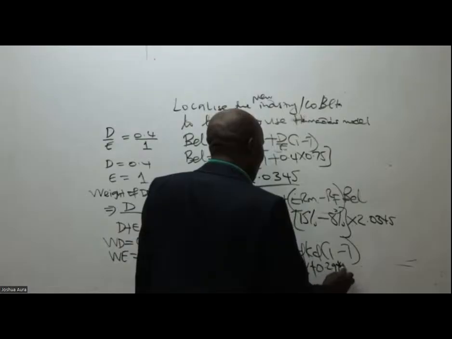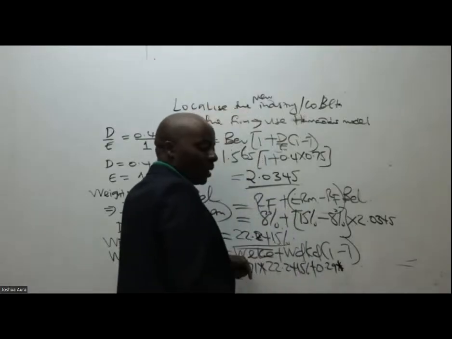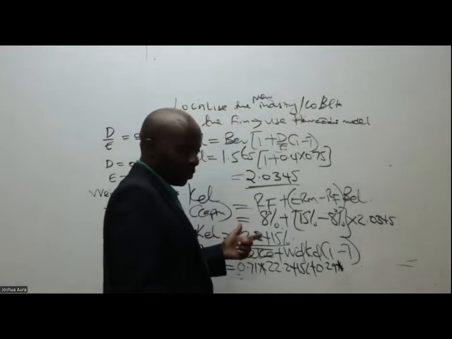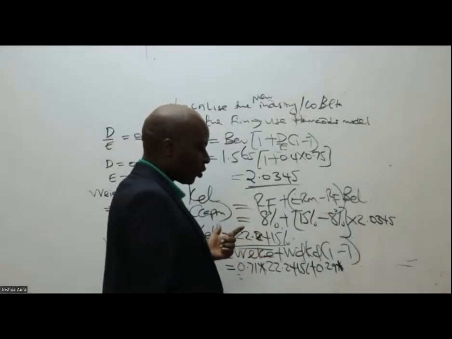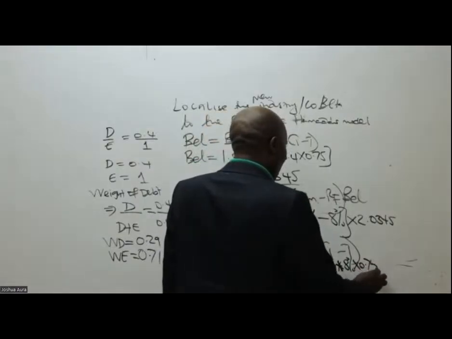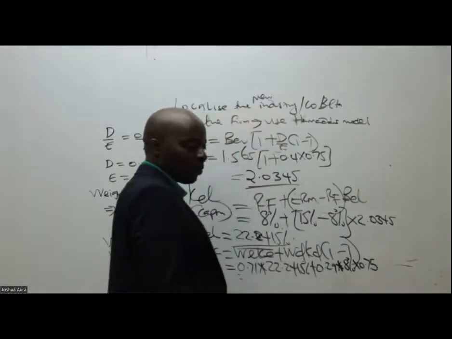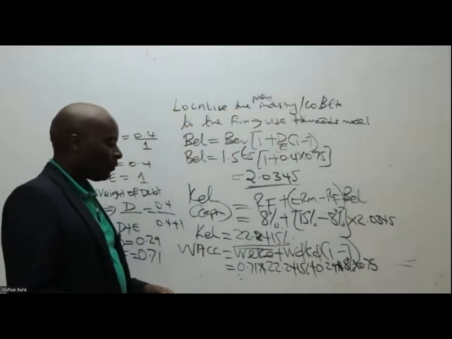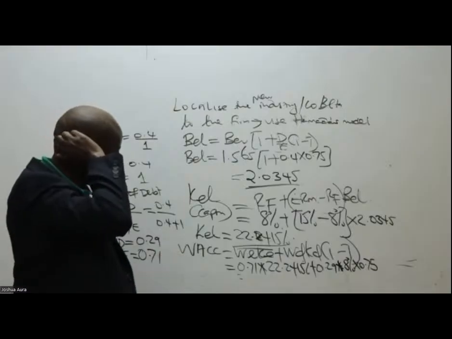Not unless you're told otherwise, cost of debt is normally risk-free because debt is secured. You must give a bank security. It is 8%. Multiply this by 0.75.